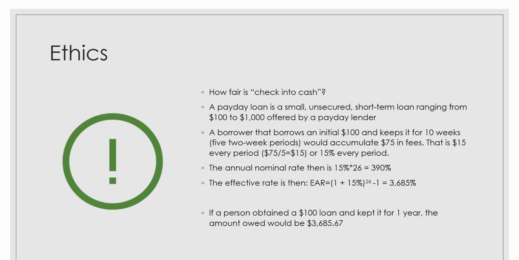They're paying $15 or 15%. So the nominal rate then is 390%. That's 15%, which is the rate that they're paying every 2 weeks, multiplied by 26 because there are 26 2-week periods in a year. So that gives us a nominal rate of 390%.